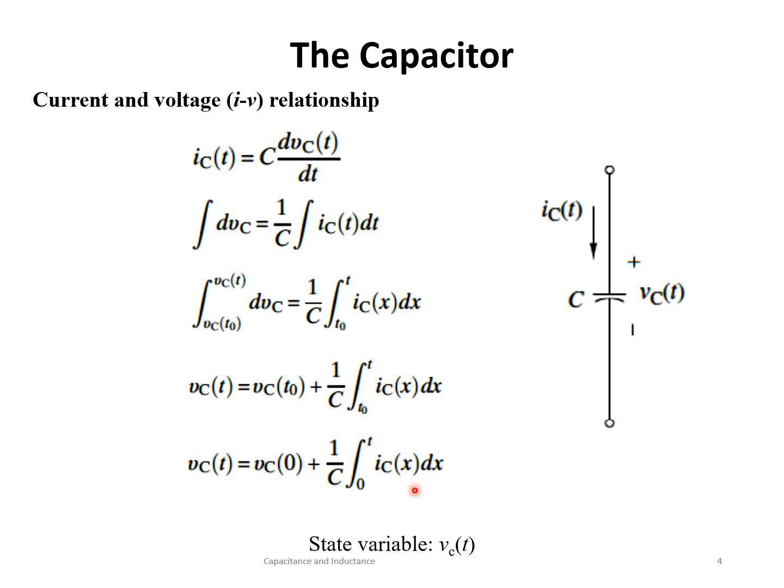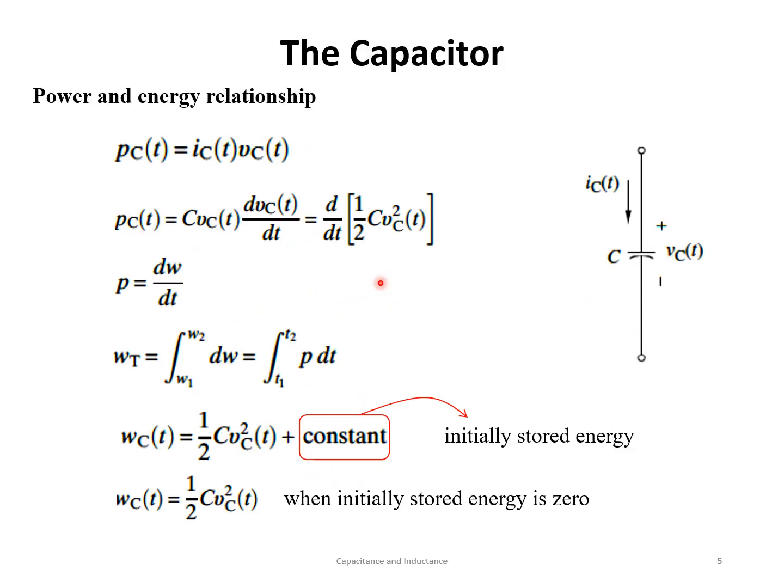In here, this Vc(0) means the initial voltage across the capacitor, that is, the voltage across the capacitor at time t equal to 0. If it is 0, then this will disappear and we'll have only this expression.